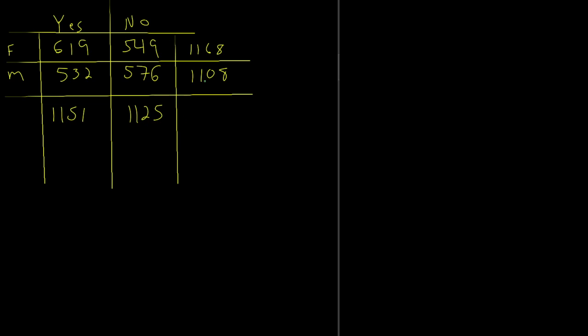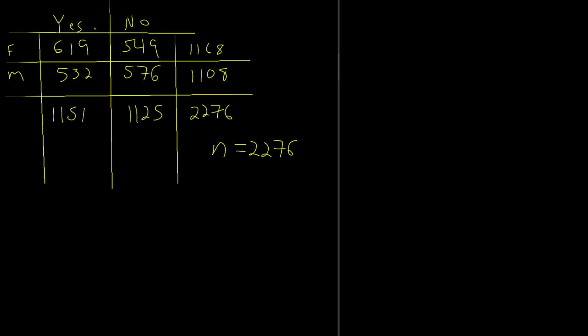Now, if I add this column together, I get 2,276. And if I add this column together, I also get that. And so the number of people we asked, or what our sample size was, is 2,276. And so we can ask some conditional probabilities of it, and we can ask some different questions out of it.